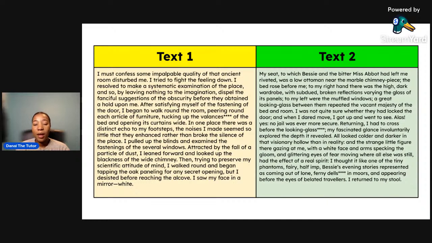So with that in mind, going back to that question that I asked about how the narrators are presented, because again, this question asks us to explore perspectives. And the perspectives that we are presented with are those of the narrators. So how do you think the narrator in text two compares to the narrator in text one?